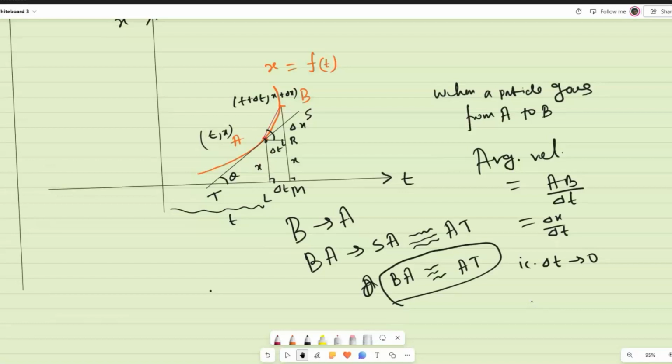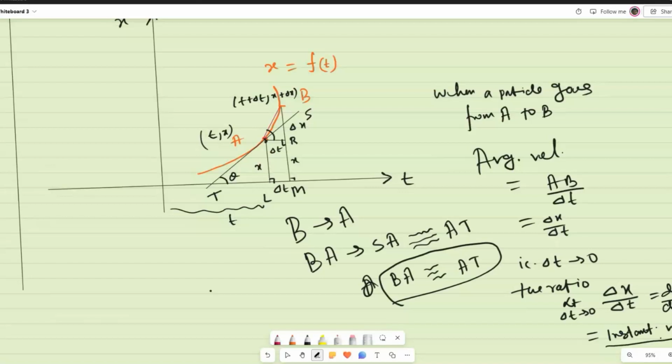Delta t can be tending to 0. Who told you that AB will always be a very large quantity? AB may be any quantity, but when B is very close to A, delta t tending to 0, this ratio delta x by delta t, that limit as delta t tends to 0, delta x by delta t, dx by dt, is equal to instantaneous velocity.